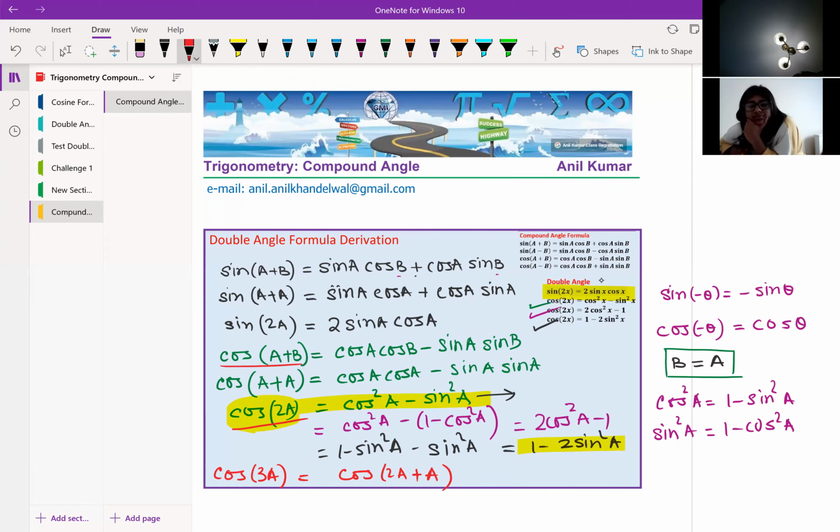Now you can just expand and keep on deriving your formula for cos 3A. Similarly, you could also derive a formula for sine 3A. These are very important formulas, which will be used many times, so deriving them will be a good exercise. Correct? Okay, I will do that. Yeah, sure. Now, what is next?